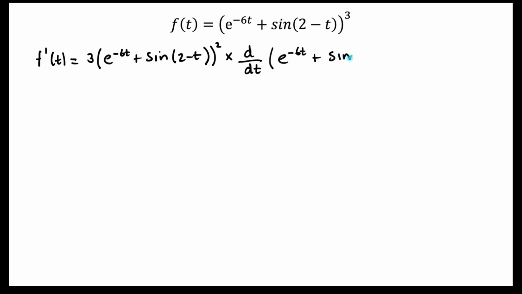That would be sine of 2 minus t. Okay, now this would then give us as follows. Like I said, we just have to be careful here. So that would be, sorry, that would be 2.